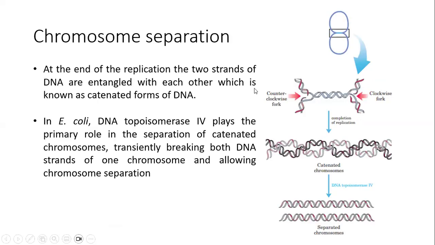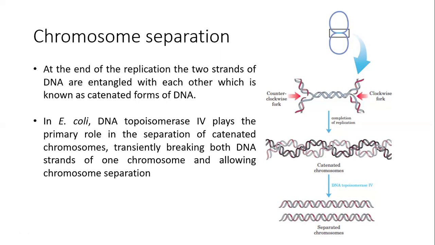Coming to the last stage, that is chromosome separation. So at the end of the replication process, the two strands of a DNA are entangled with each other because of the activity of helicase and followed by the activity of topoisomerase that again and again cleaves the parental strands and relieves the torsional stress.